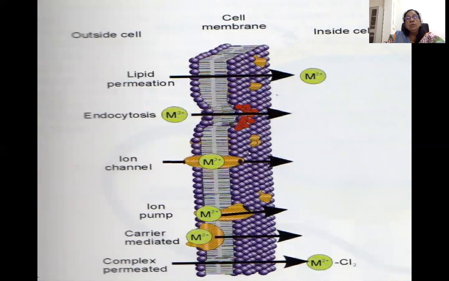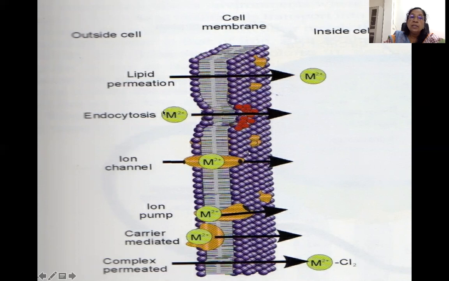You can see how the heavy metals can enter into the cell. This is the cell membrane, this is outside the cell, and this is inside the cell. M2+ shows the heavy metal, the cationic metal. Through lipid permeation, the metal can enter into the cell.